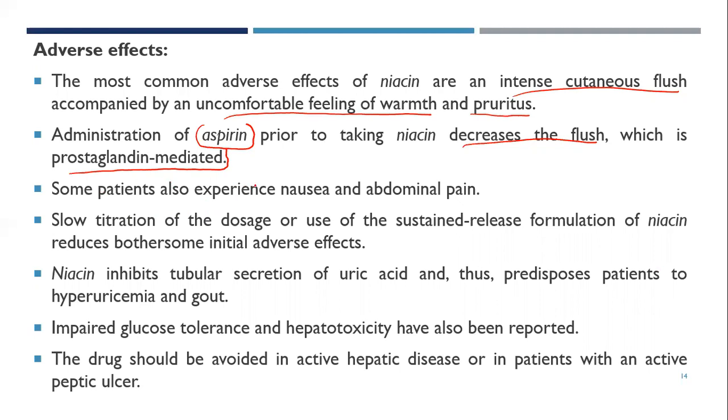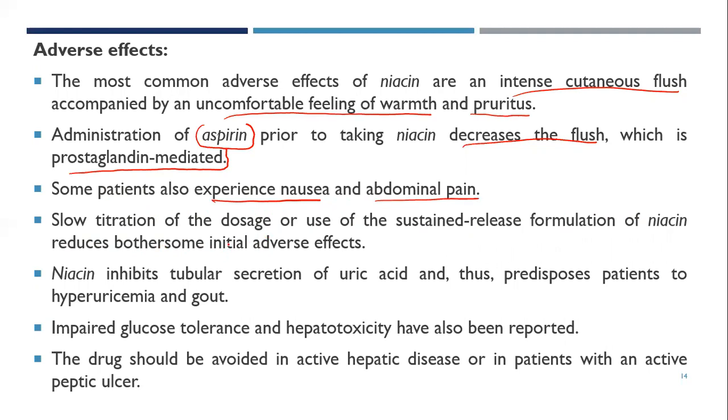Patients also experience nausea, vomiting and abdominal pain. Usual practice, nausea and vomiting, it is abdominal pain. Okay. Slow titration of the dosage or use of a sustained release formulation of niacin reduces bothersome initial adverse effects.